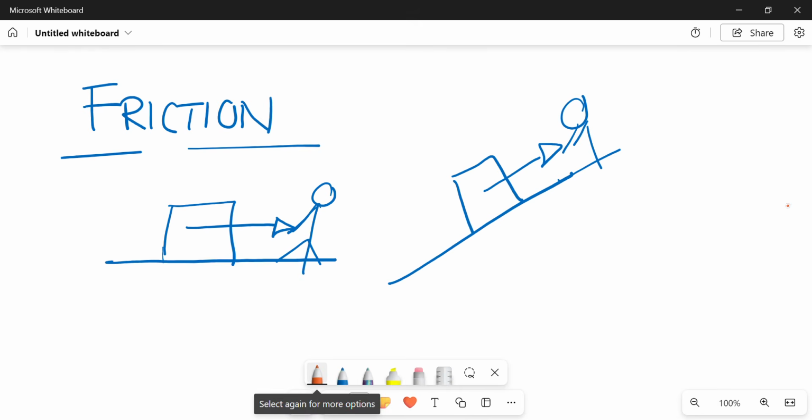So if you are pulling something in this direction, let's say you are pulling it with a force of about 10 newtons, for argument's sake, but the floor exerts a force in the opposite direction of, let's say, 20 newtons.